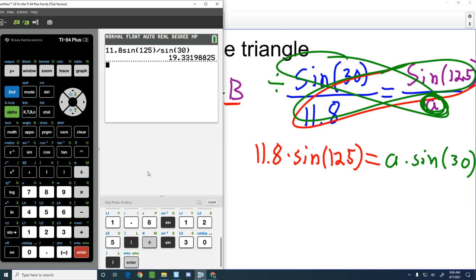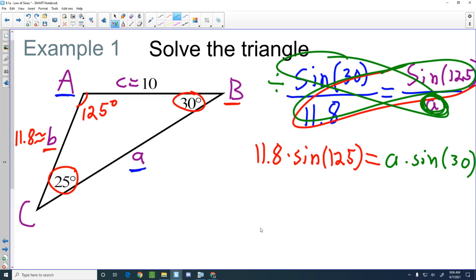Anybody else get 19.3? Yes! Huge. So A is approximately 19.3, right, Slim? Yeah. Let's see. 20.4. She did 120 instead of 125.